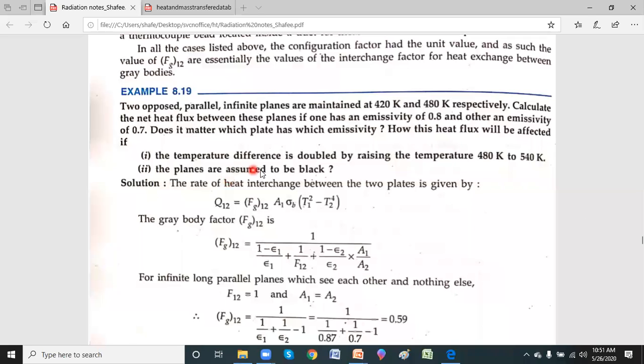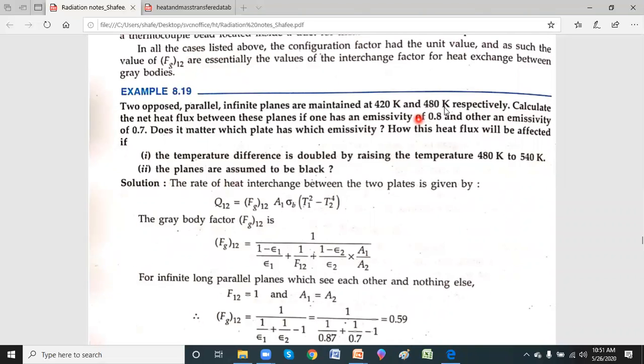Does it matter which plate has which emissivity? Suppose I take the first surface as 0.8 and the other one as 0.7. If you interchange, we'll see what will happen. So if you take the first one as 0.7 and the other as 0.8, what will happen? That is the question. How will this heat flux be affected if the temperature difference is doubled by raising the temperature from 480 Kelvin to 540?